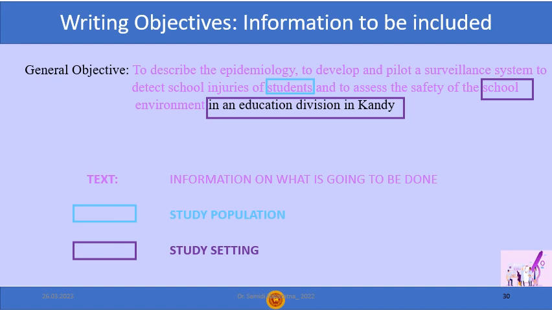The text in this pink color font gives you the information on what is going to be done, so you need to include all that information in your objective. The text inside this blue color box is the study population. It's mandatory to have that. And the text within the purple frame is the study setting. You need to incorporate that piece of information also into your objective.